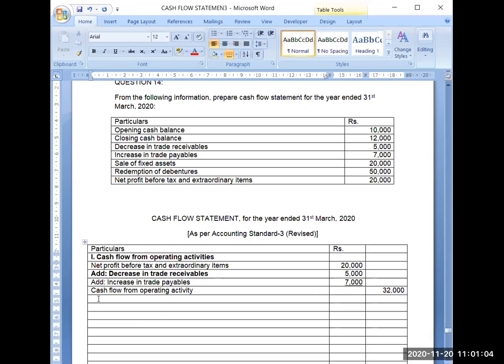Now we will start the second part. The second part is to calculate cash flow from investing activity. So here we will write cash flow from investing activity.